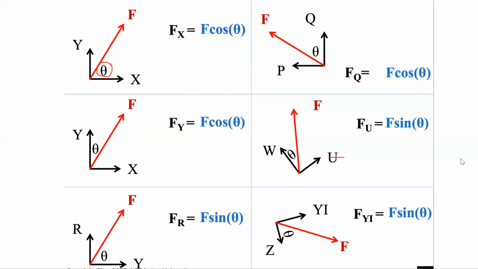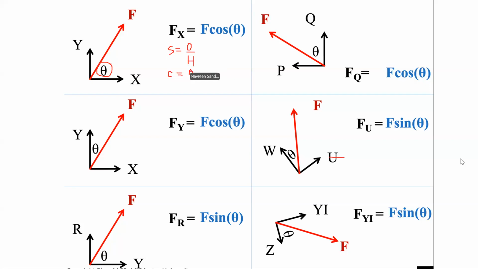So for this one, we want to find the x component relative to this angle. If you use SOHCAHTOA, cos is equal to the adjacent over the hypotenuse, right?